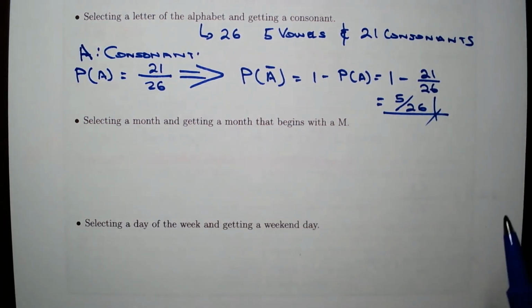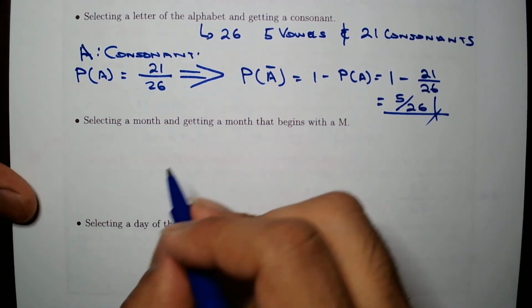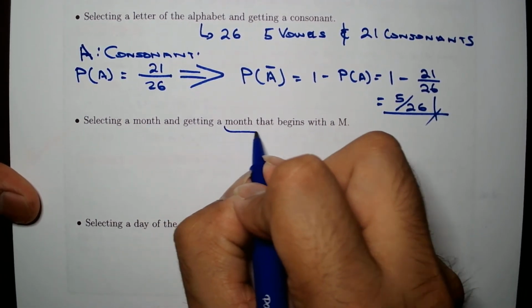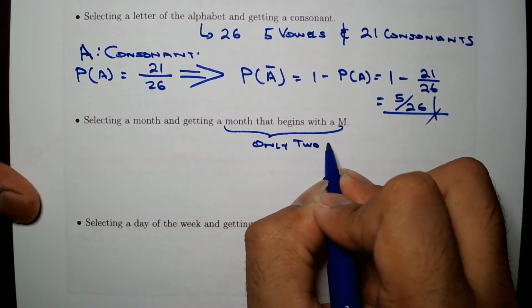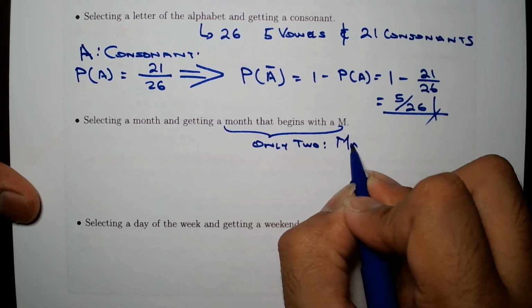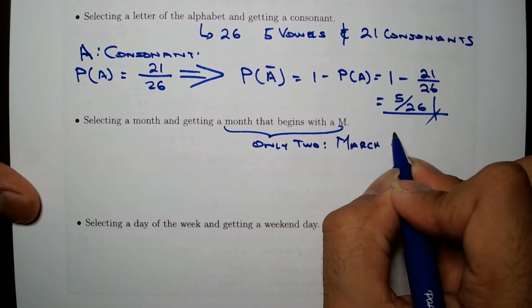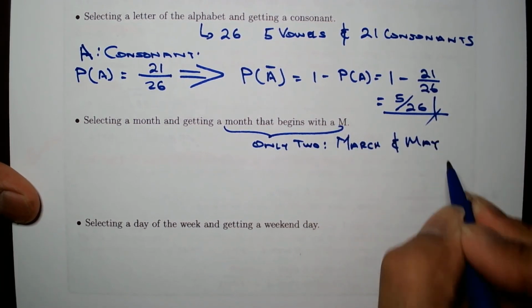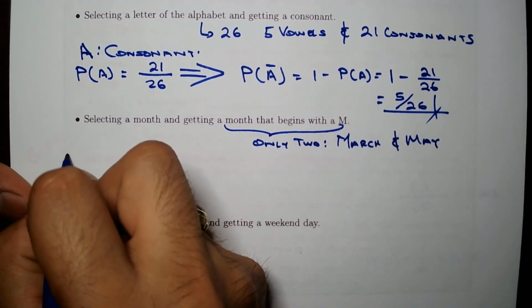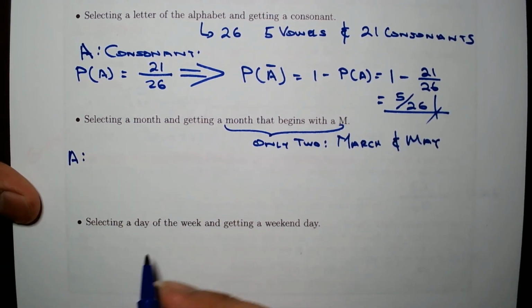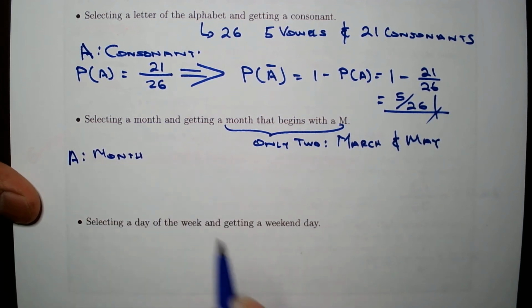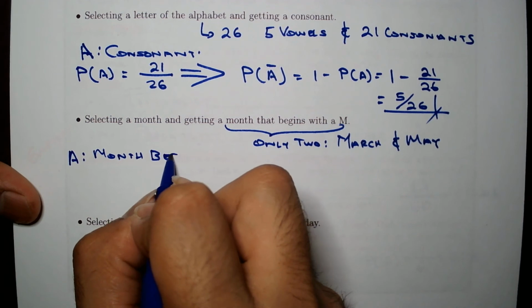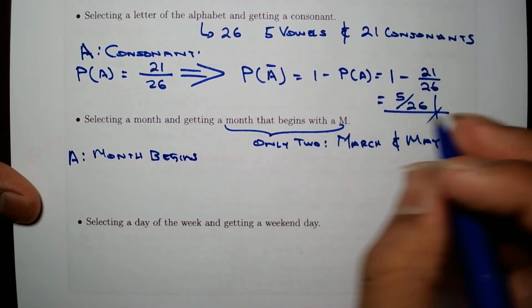Only 2: March and May. So the event A is the month begins with M.